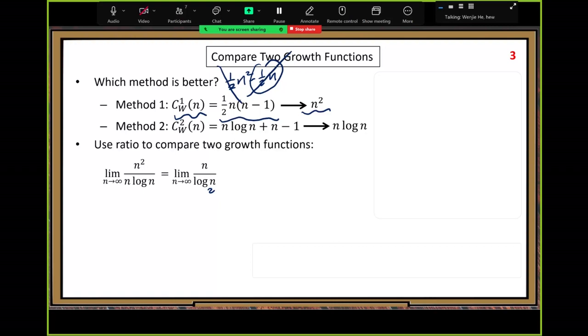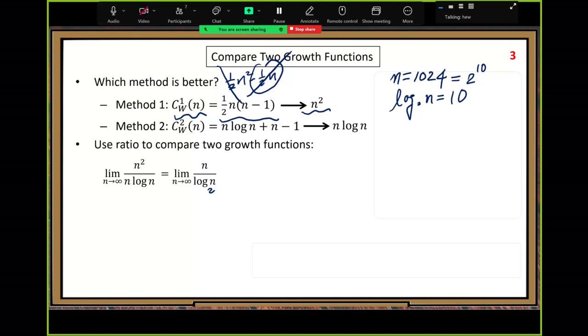So if you use log base 2, is n larger or log base 2 of n larger? When n equals 1024, that is 2 to the 10th, what is the log base 2 of n? Equals 10. N is 1024, log base 2 of n is 10. Which one is larger?